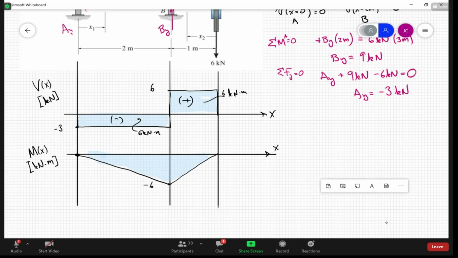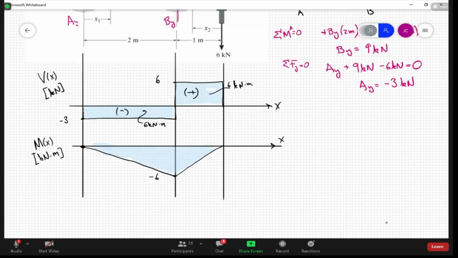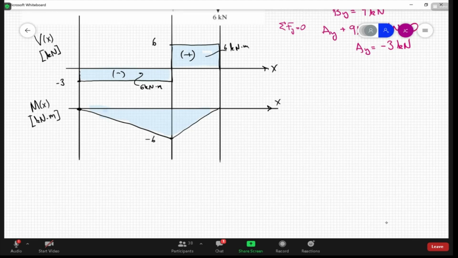Okay, fine. So now we're going to use the relationship that the derivative of the slope curve is equal to the bending moment over EI. That means we're going to have a piecewise quadratic, if you will.